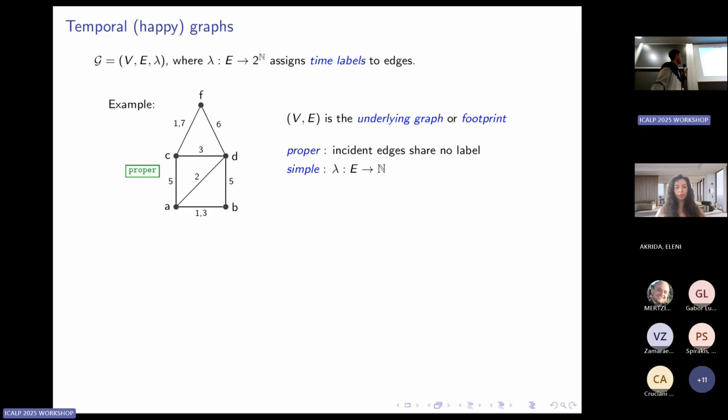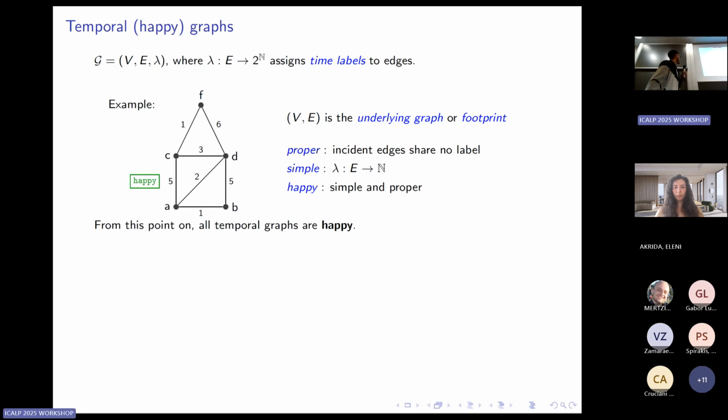Again, this graph is not simple because of the presence of two edges with two labels. We remove some of them, we make it simple. And we say that a simple and proper graph is happy. From this point on, I will consider only happy graphs.